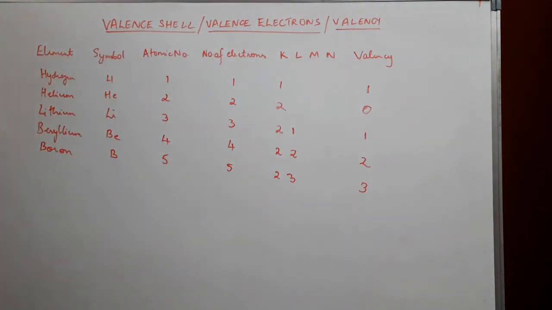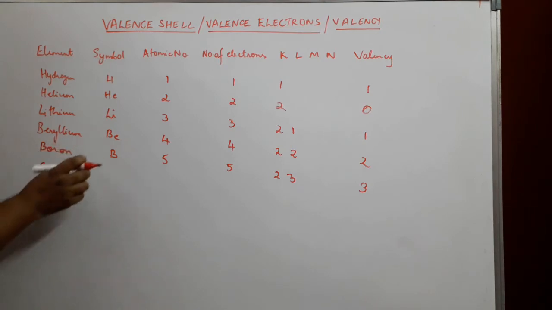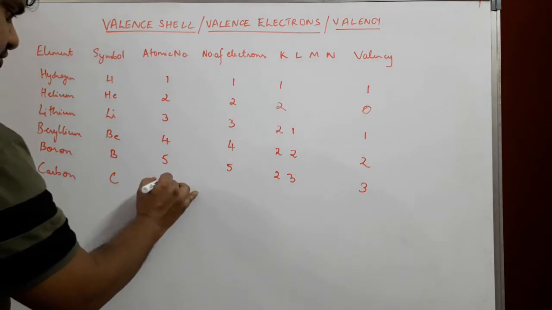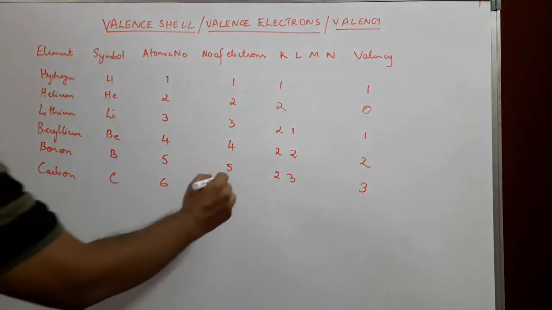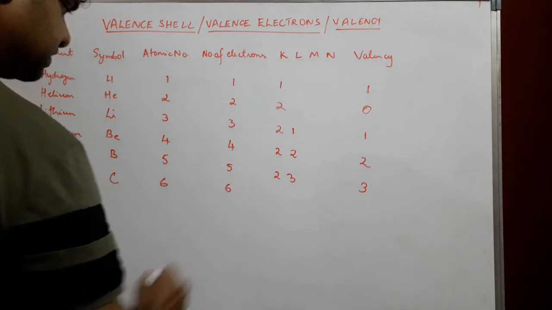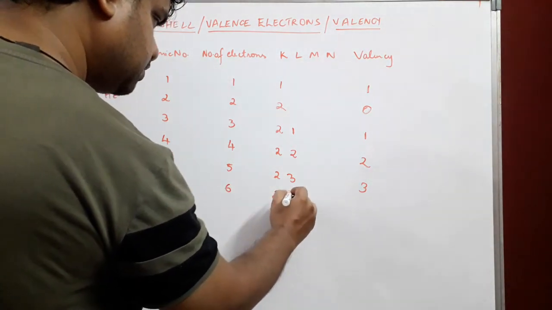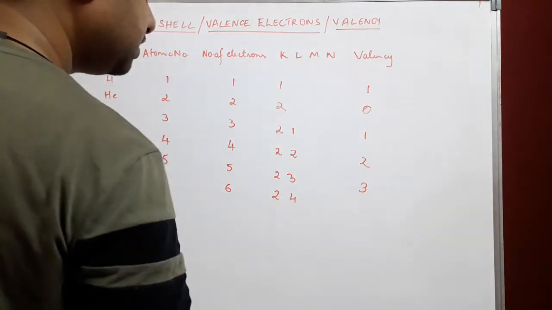Next is carbon, and we give the symbol as C and the atomic number is 6. So the number of electrons would be 6. Here the first shell has 2 followed by 4 in the L shell.